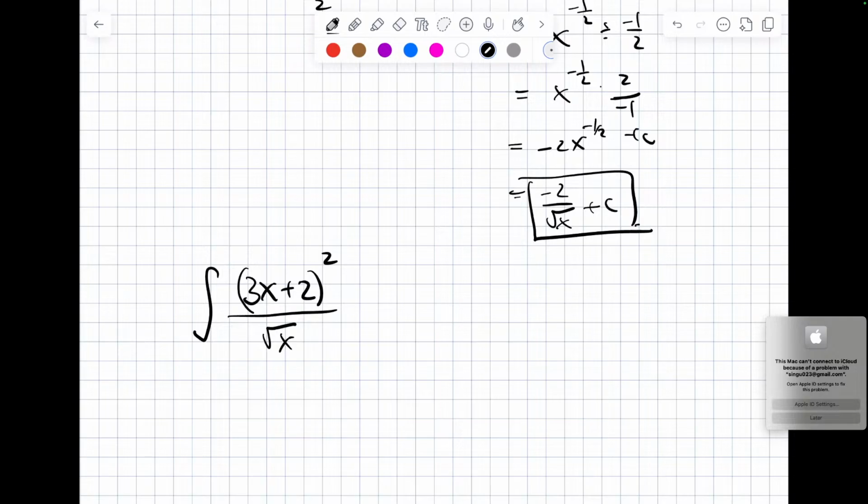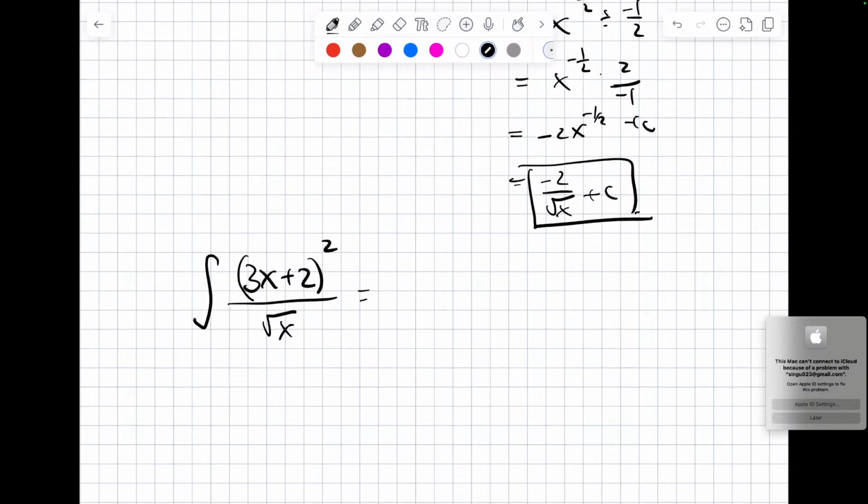Can I expand? Of course. Okay, let's expand the top, because that's the only thing I can do. So it'll be 3x plus 2 times 3x plus 2 over square root x dx. Am I going too fast? I didn't do anything crazy. I only just wrote it twice.